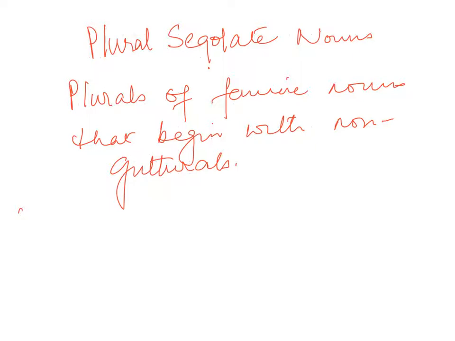Remember, feminine plurals will have the ot ending. So I have a word like this. This is a dagesh lene because it is a dalet. So this is the word delet, which means door.